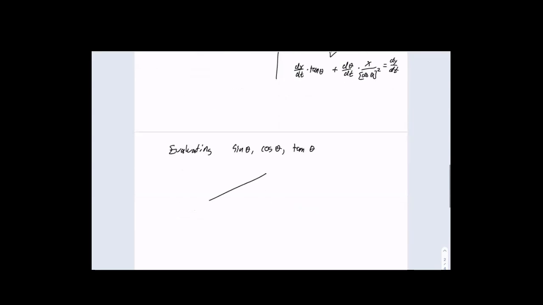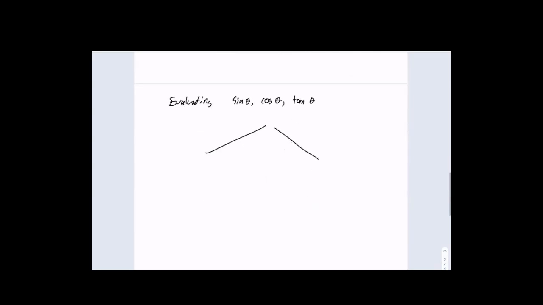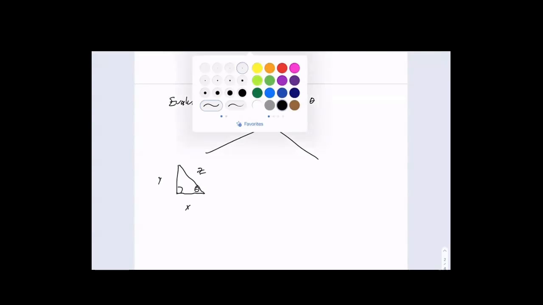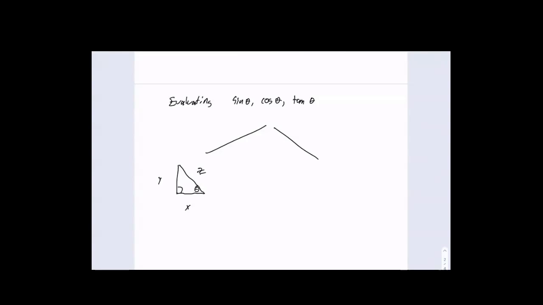There are two types of problems that are going to be given. One of the problems will tell you the actual values. So they might say, for example, this is y, x, and z, and they may tell you that these numbers are like 3 and 4.